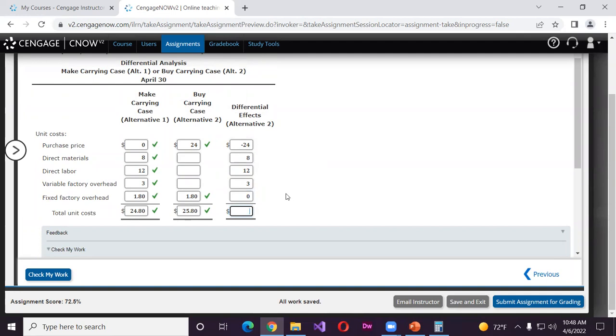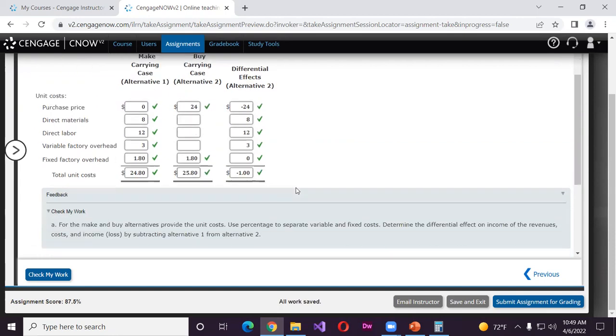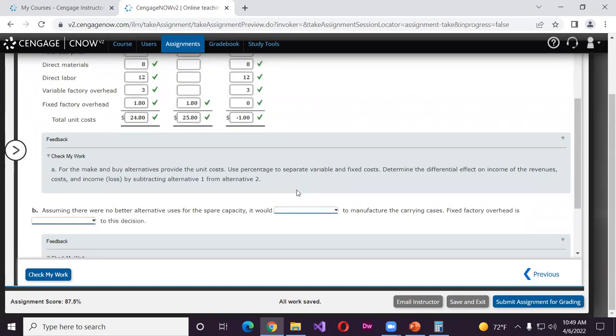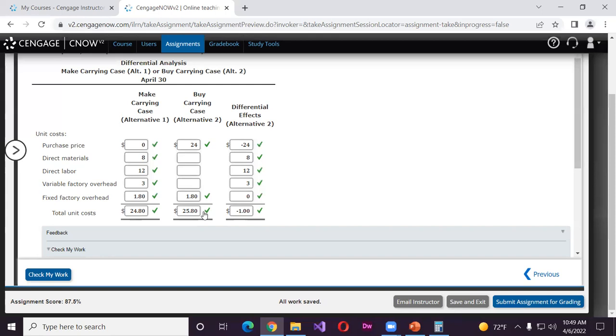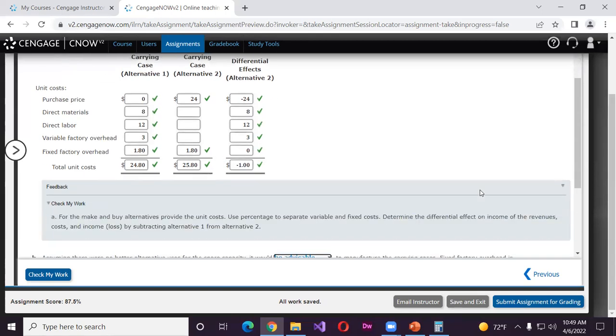So this means it's going to cost us $1 more per unit to buy it over making it. So then it says, assuming there is no better alternative use for the spare capacity, it would blank to manufacture the carrying cases. It would be advisable to manufacture them, right? Because we're actually saving $1 per case.